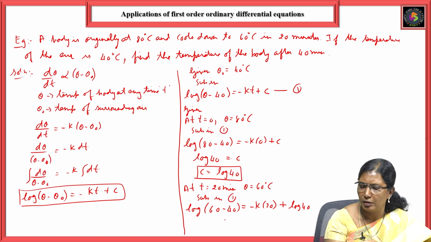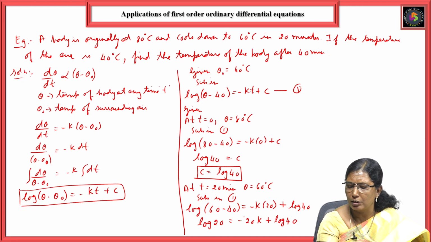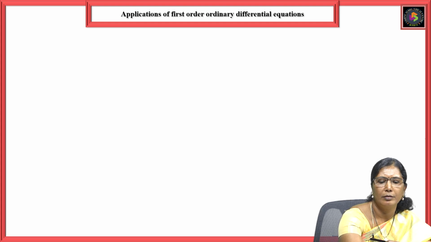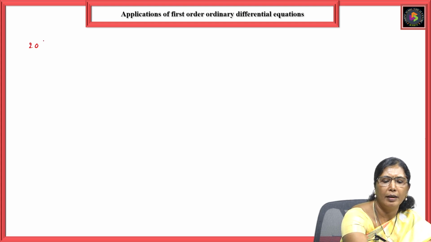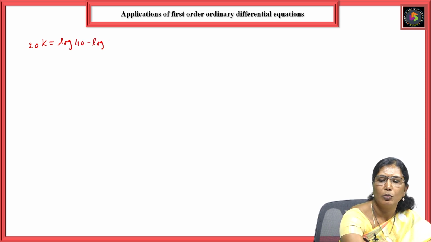So what do you get? Take this to LHS. So log 60 minus 40 is nothing but log 20 is equal to minus 20k plus log 40. So now take this to LHS and this term log 20 to RHS, right hand side. So what you get? 20k is equal to log 40 minus log 20.